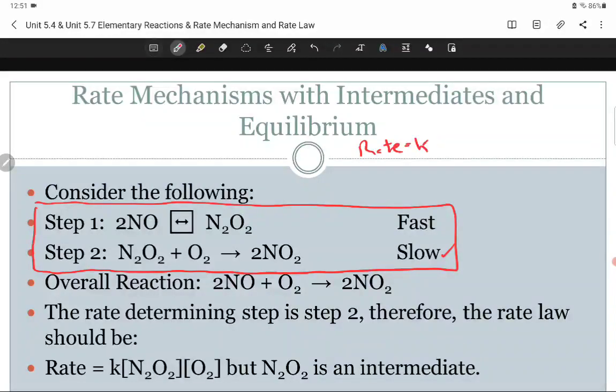So, rate law constant, that's always going to be there. We have a reactant N2O2, and its coefficient is a 1, so it's a 1. And then we have another reactant O2, and it has a 1. So there's our rate law. But we have a problem with this rate law.